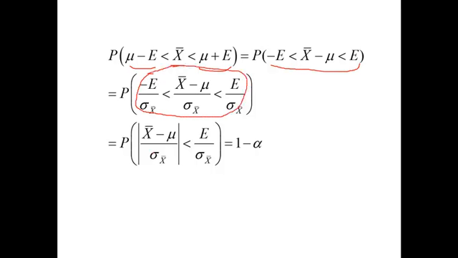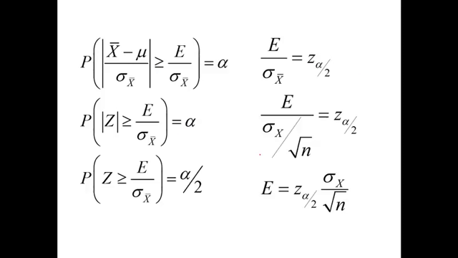This gives us the probability that the absolute value of our z-score is less than E over our standard error. Okay, and this is our level of confidence.